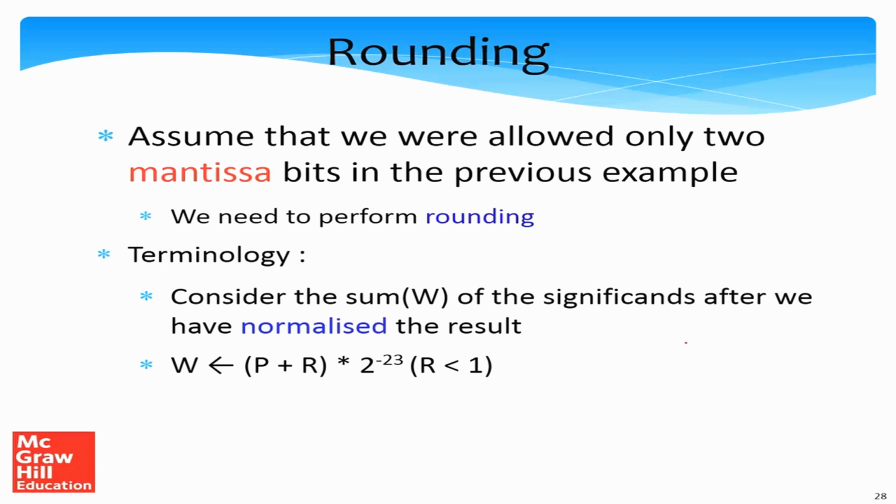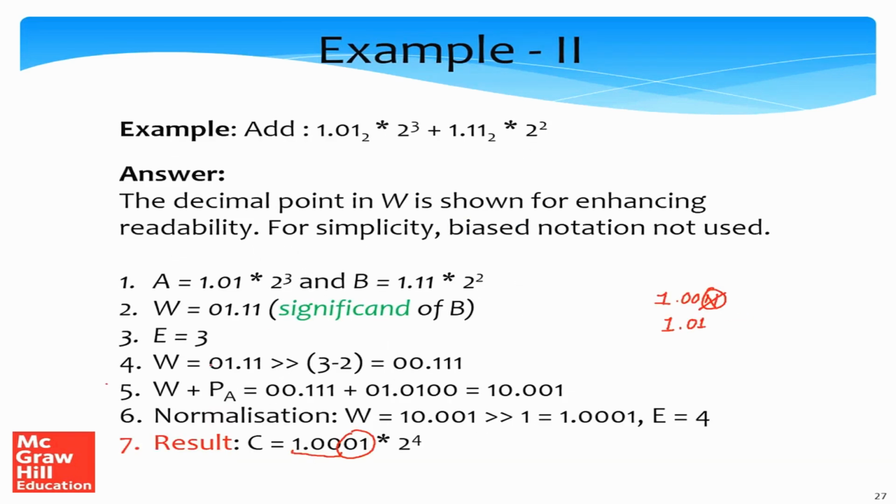And why does rounding come? There's another reason. The reason is that we are essentially right shifting. So initially, the significand of A is of the form 1 point something for 23 bits, that's fine. But this is being added with W, which is the significand of B right shifted by a certain number of bits. So for all we know, this can be of the form 0, 0, 0 and then 23 bits.